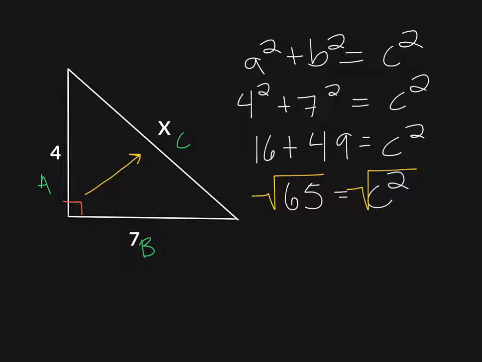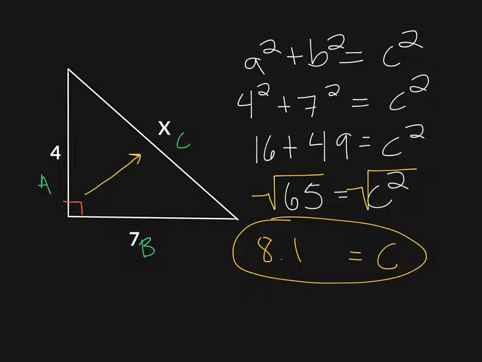The square root of 65, we can say that c equals 8.06, or you can say 8.1. And that is the answer that we are going to have. So circle it, and we know that we've found our missing side length.